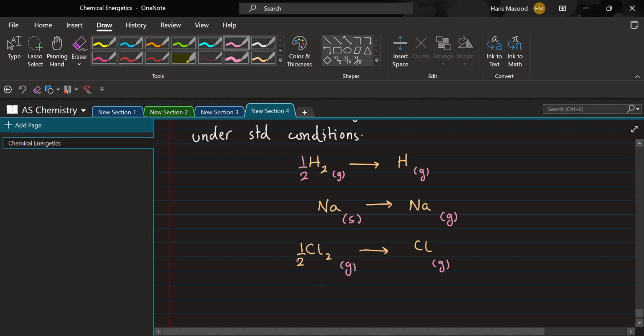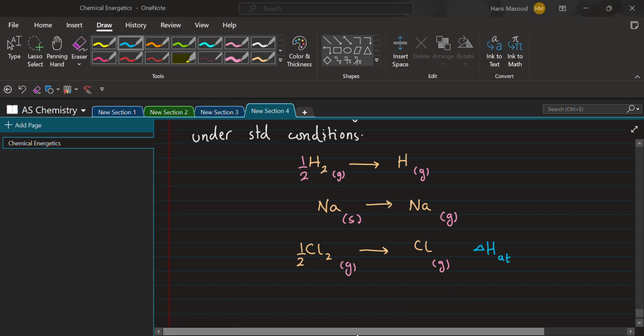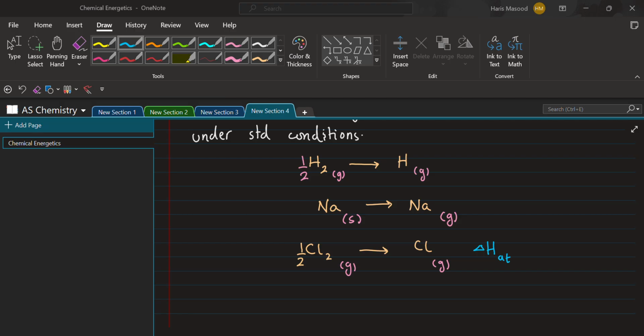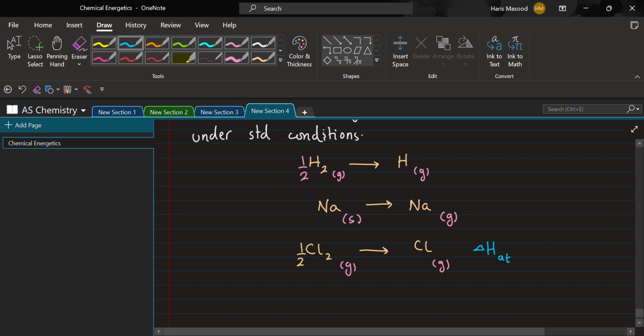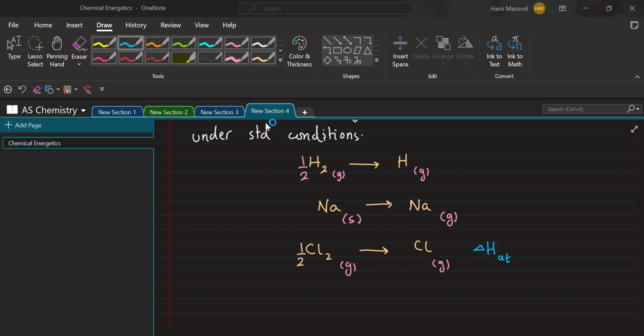So the value of enthalpy change of atomization for chlorine will be half the value of the Cl-Cl bond energy.